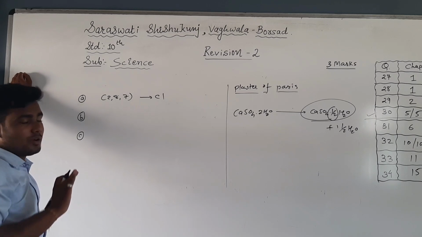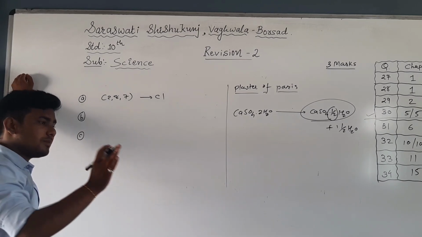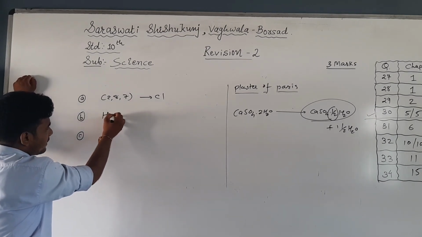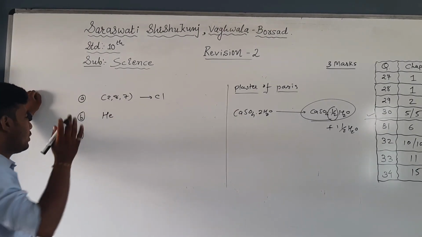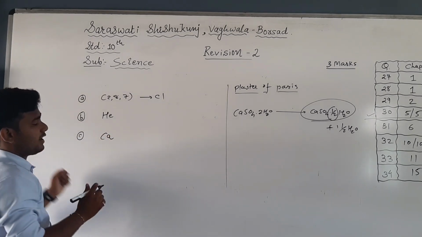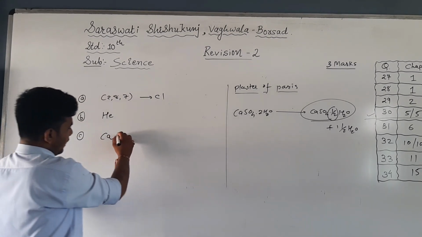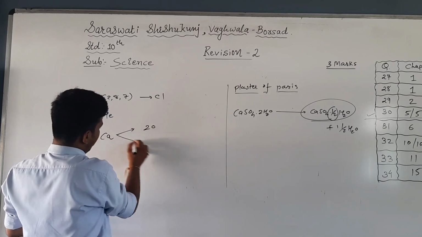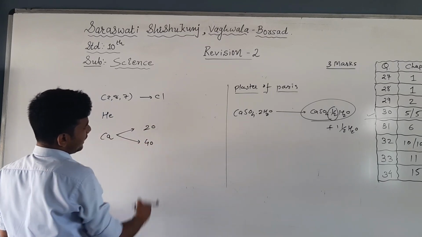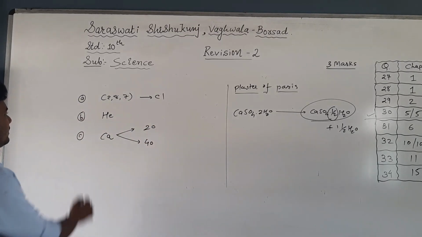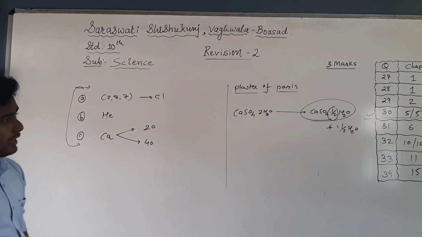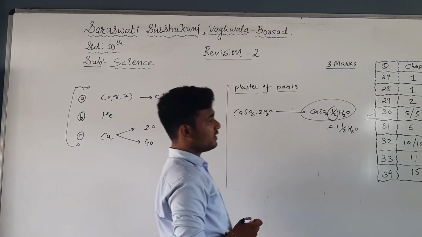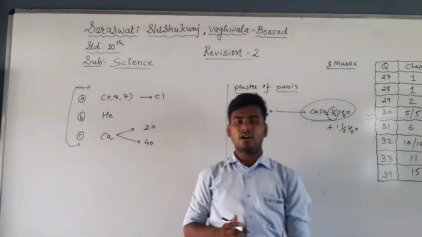Now think, which one doesn't have 8 electrons but still is inert? Yes, you are right, that's helium. Okay, and they can also ask what is the atomic number and atomic mass of calcium. So the atomic number of calcium is 20 and the atomic mass is 40 amu. Okay, so this way different questions can be asked in question number 13, which will be related to our chapter number 5.